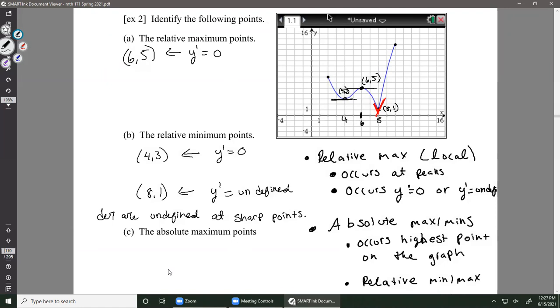So it's 0 anytime the graph smooths out and levels out, but it's undefined at really sharp points, because you're literally going from one position to the next without having that smooth transition. All right, questions about that?